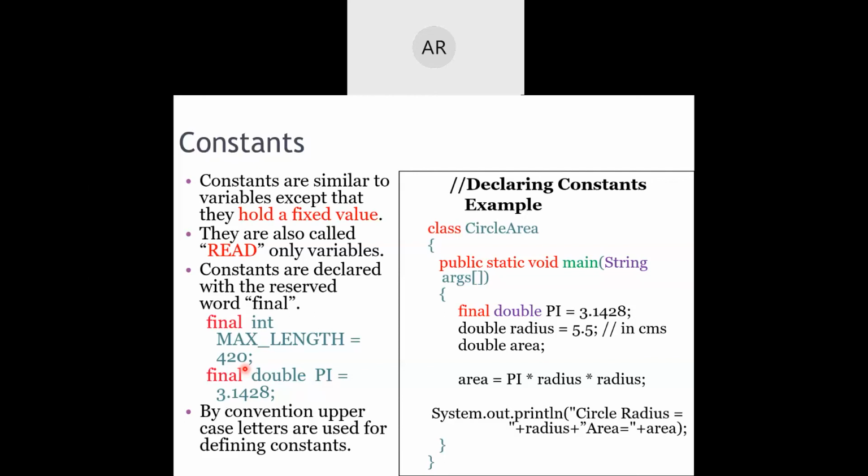I'm waiting for the chat box. The answers should be there in the chat box. What type of variables are area and radius? Out of the three categories that we have learned, which category do they belong to?